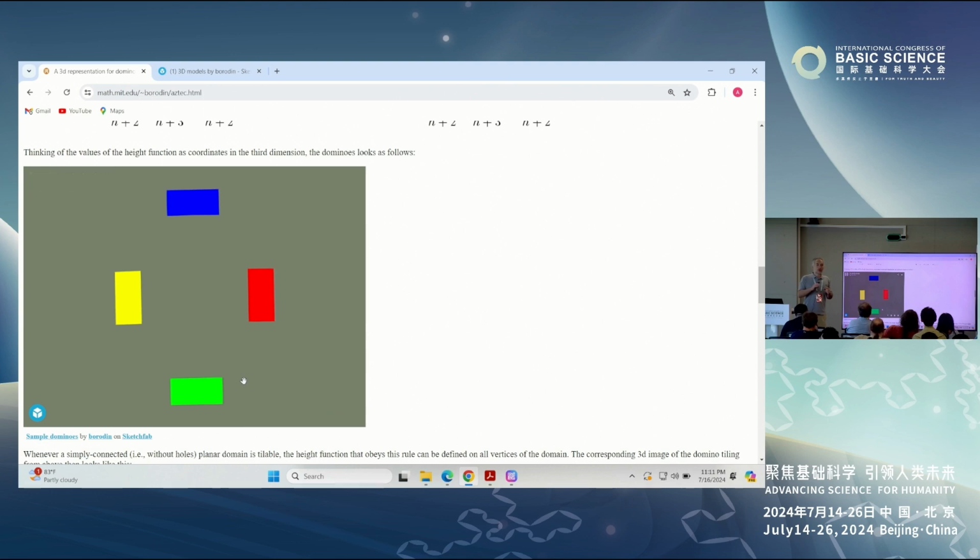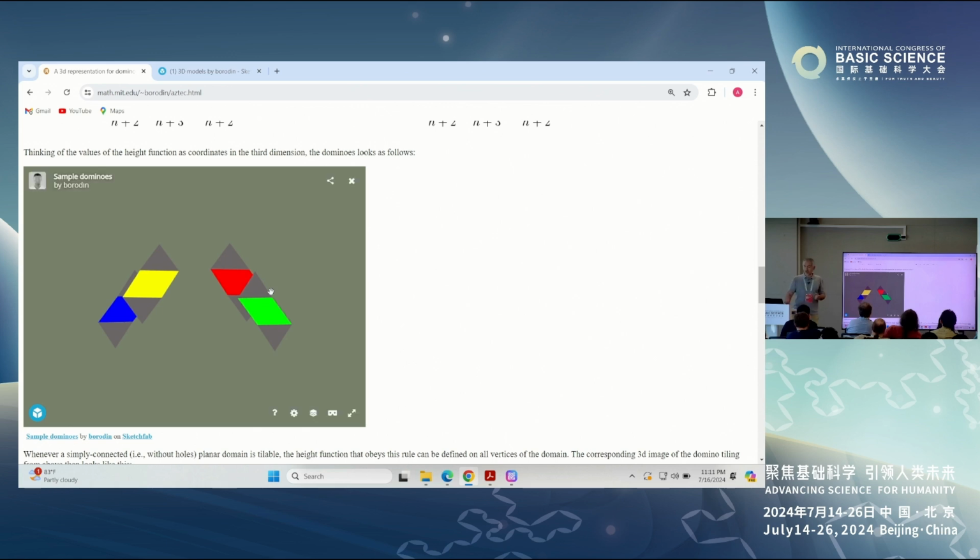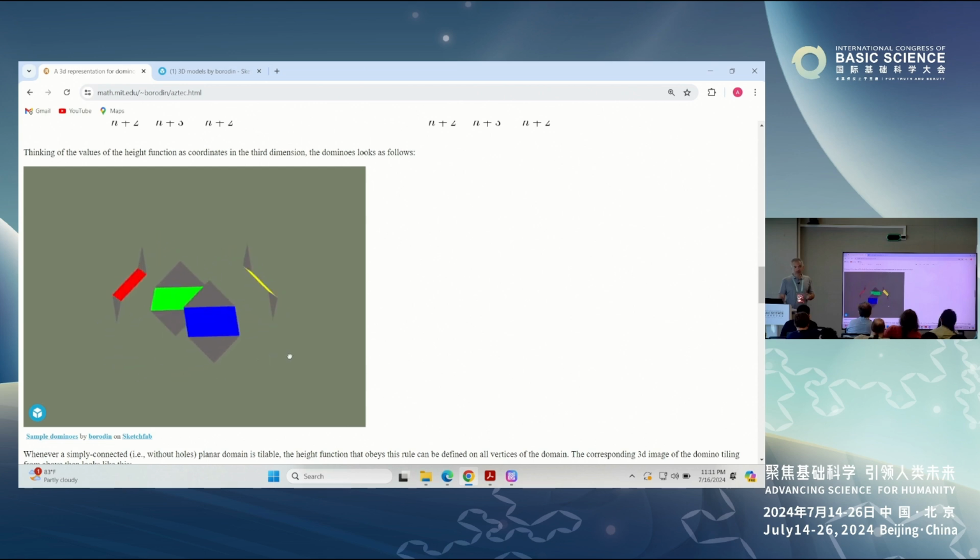And so I will lift them into 3 dimensions in 4 different ways, depending on the color. Okay? And so this is what I wanted to show. So this is the flat picture. And then once I look in 3 dimensions, if I look from top, I only see the flat picture. But if I look in 3 dimensions, I actually see 4 three-dimensional shapes. Okay, so I'm rotating so that you can see what they are.